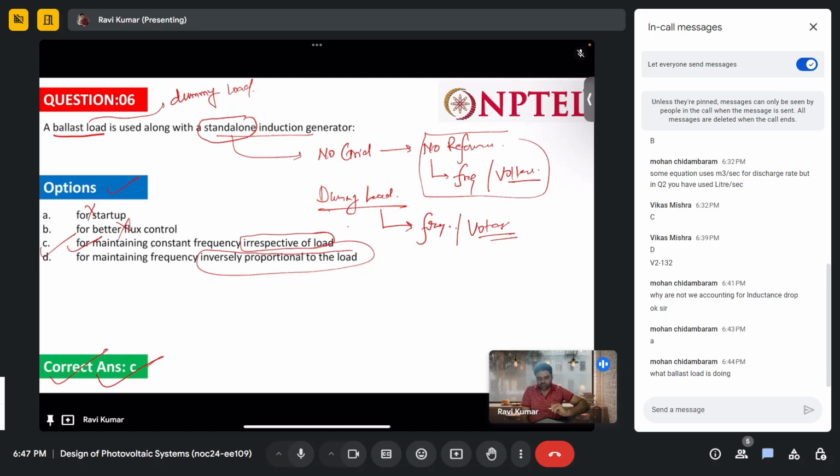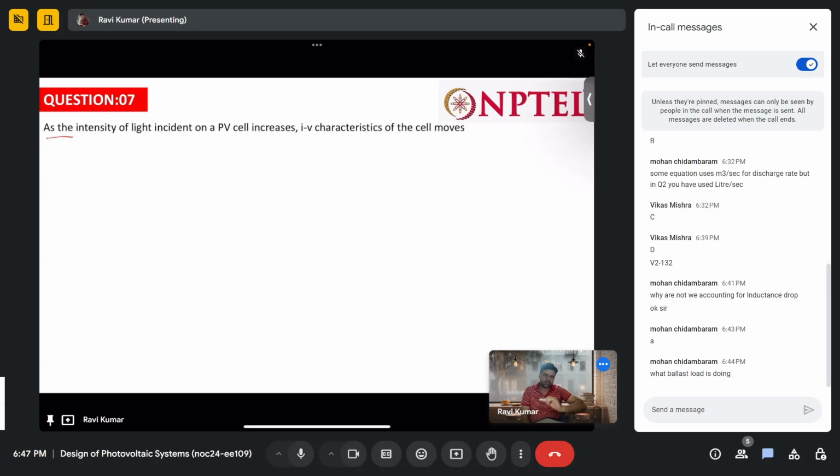Okay, next question. See, this is the simplest question, and you understood this even in the first class, so you need to give me the answer without any issue. As the intensity of light incident on a PV cell increases, what will happen to the IV characteristics?